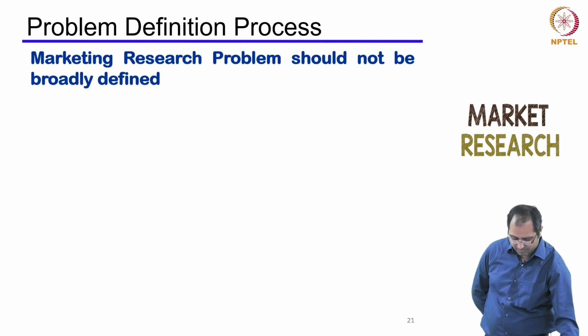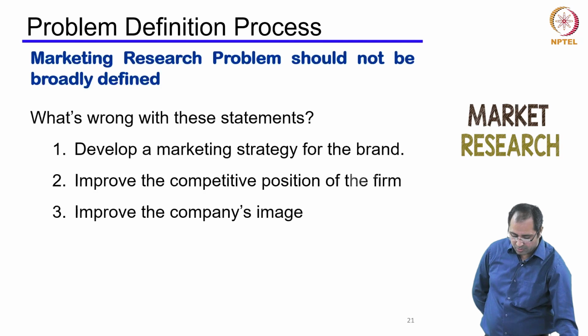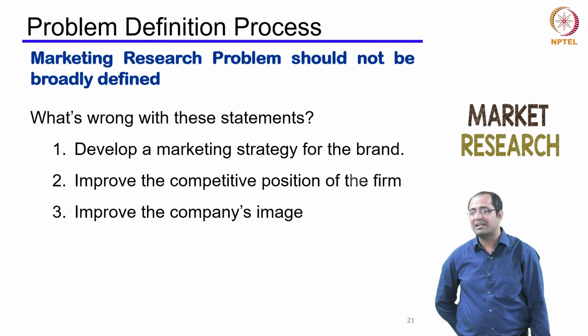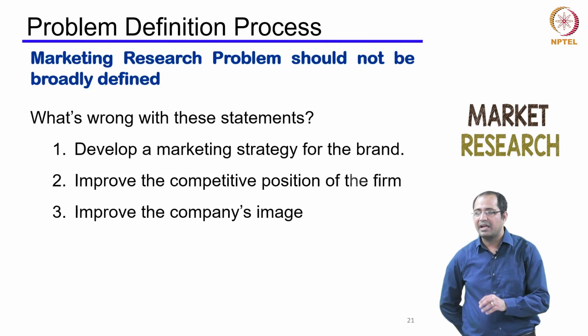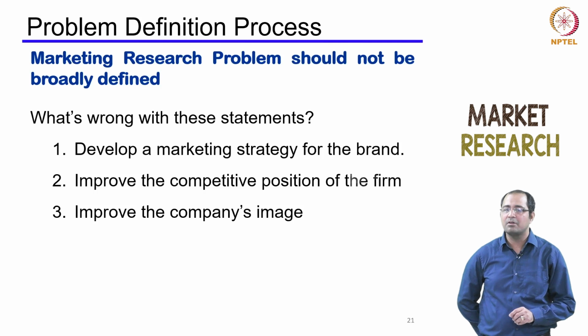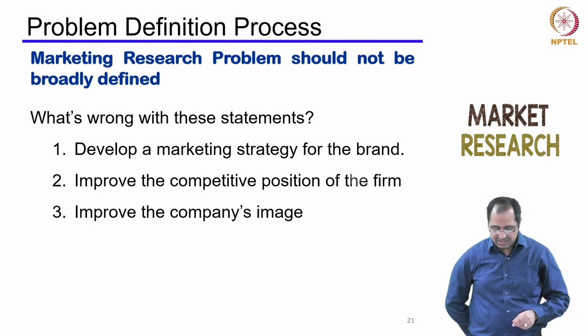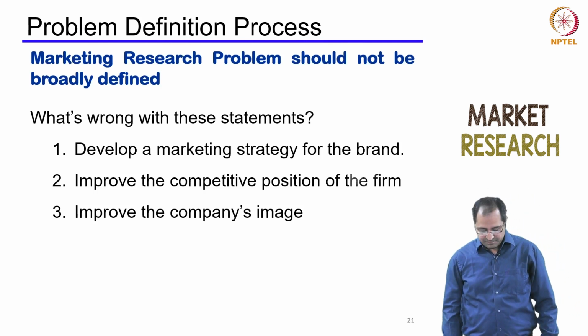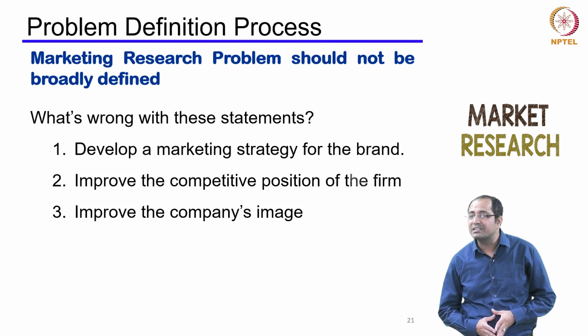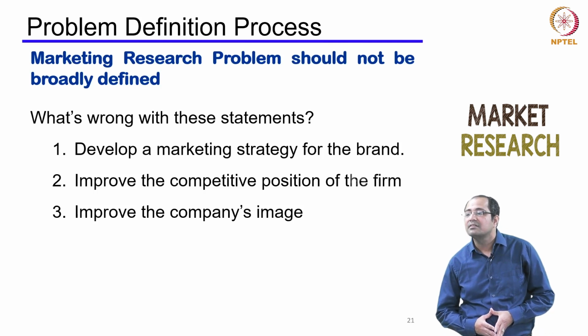I've already spoken much about why it has to be clearly defined. A little bit more on that: we should not have statements like these as the marketing research problem. These are very broad statements. Develop a marketing strategy for the brand, because in marketing strategy everything comes.